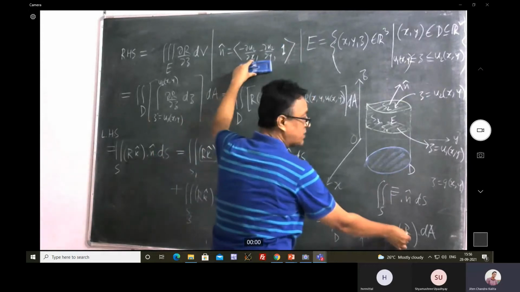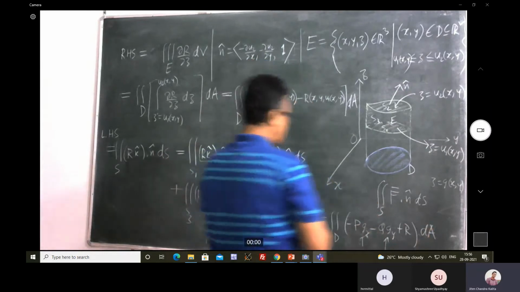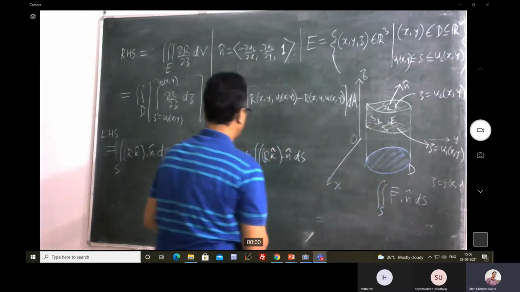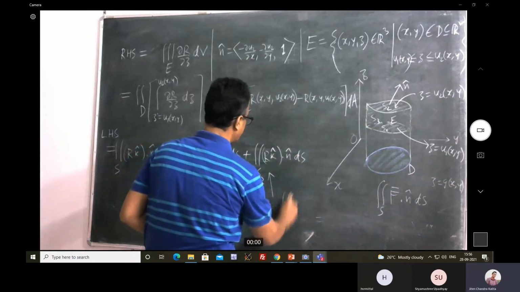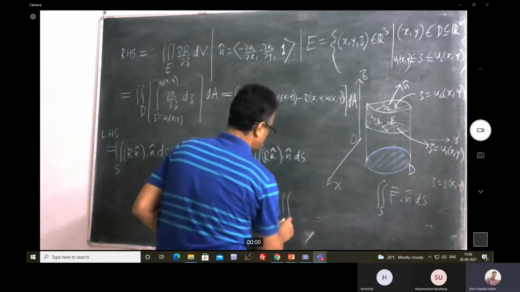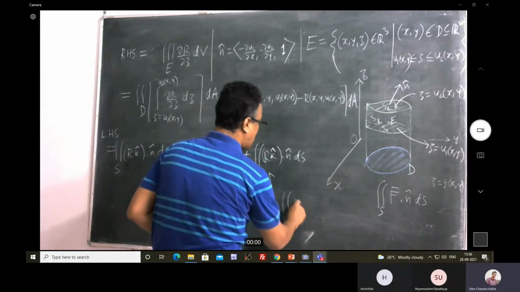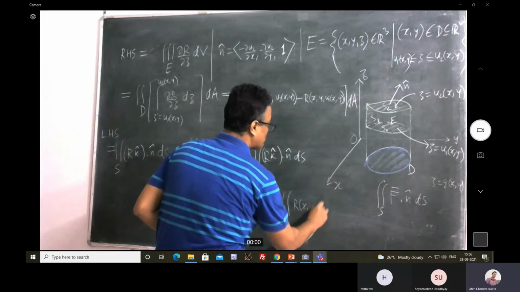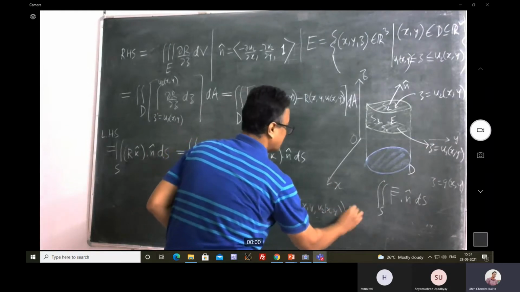So that is why it has become R dA. So this part is going to give you simply the integral over D of R(x,y,u2(x,y)) dA.